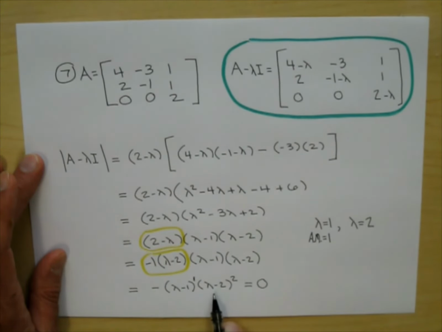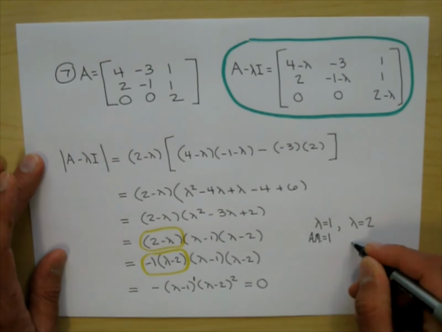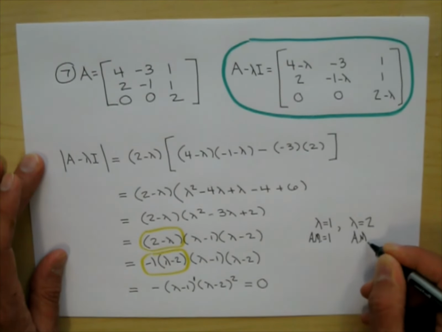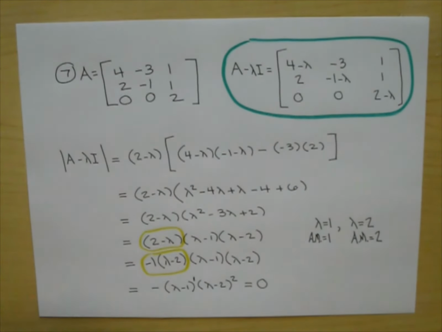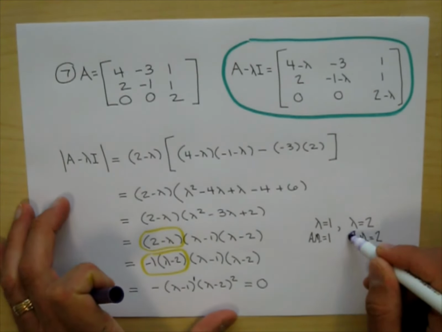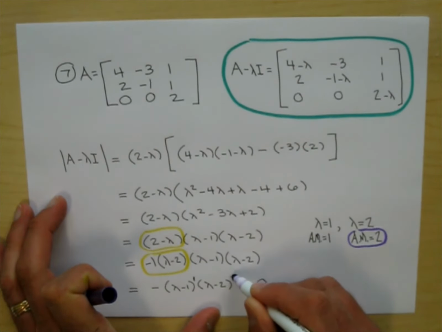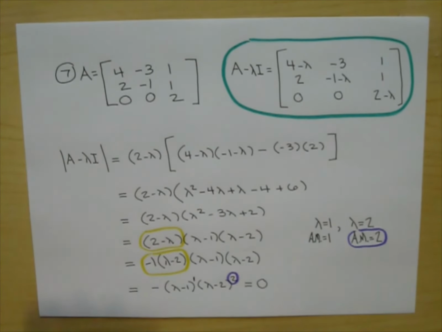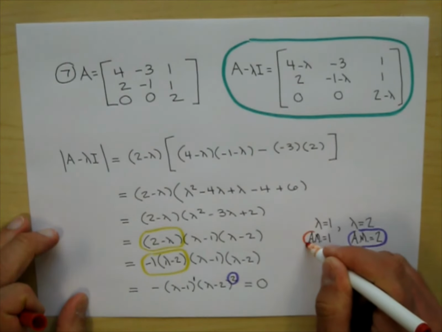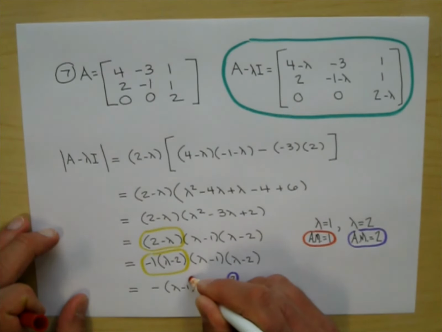And then over here, because of this 2 right here, this has an algebraic multiplicity of 2. So we can highlight these. I'll highlight this one in purple. So this 2 came from that right there. And I'll highlight this one in red. That came from that.